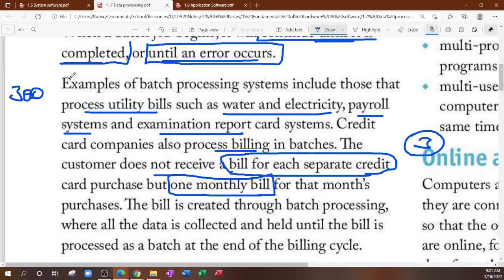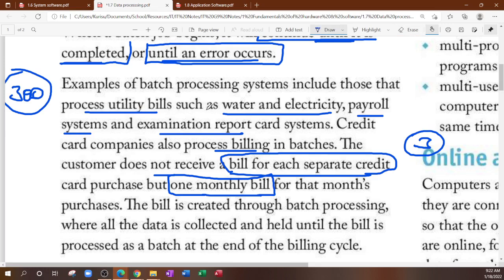That every day they gotta go to GWI just to pay that one $300. Whereas they could group all of those $300 together and it comes up to whatever total, 5,000, 6,000, and they pay that one standard amount for the entire month. So in that case, grouping the data, putting it into batch is going to be more effective.